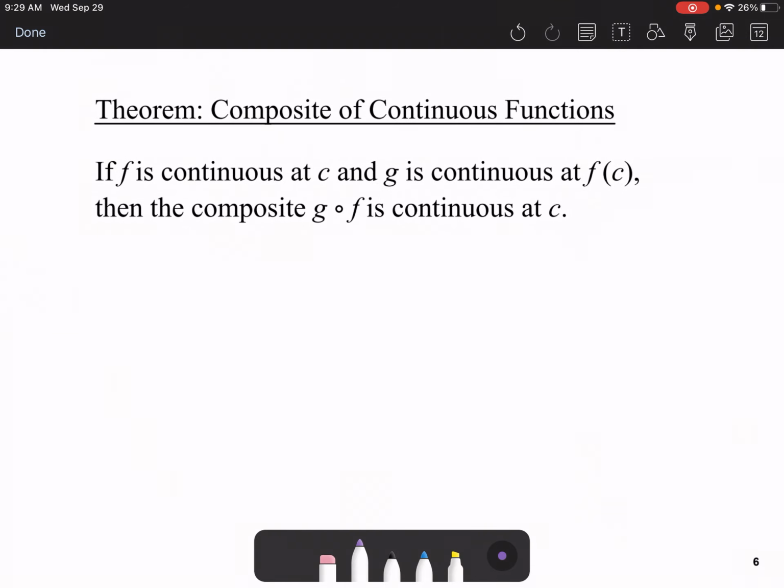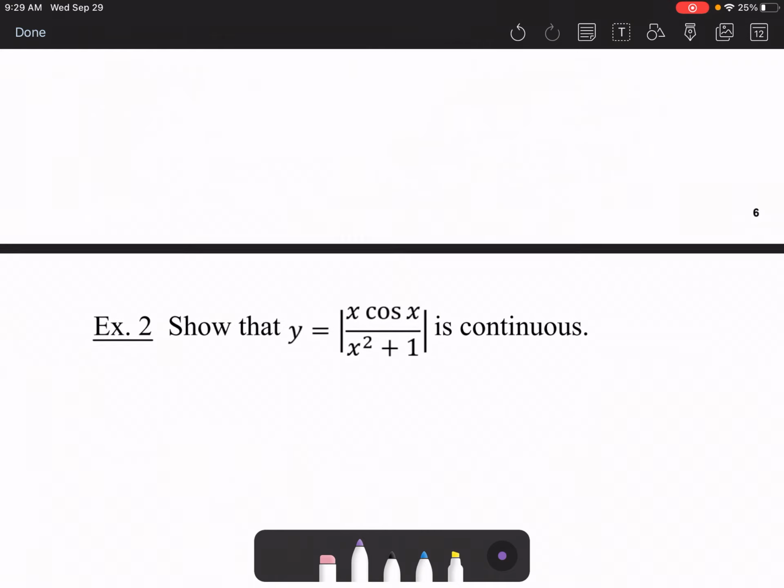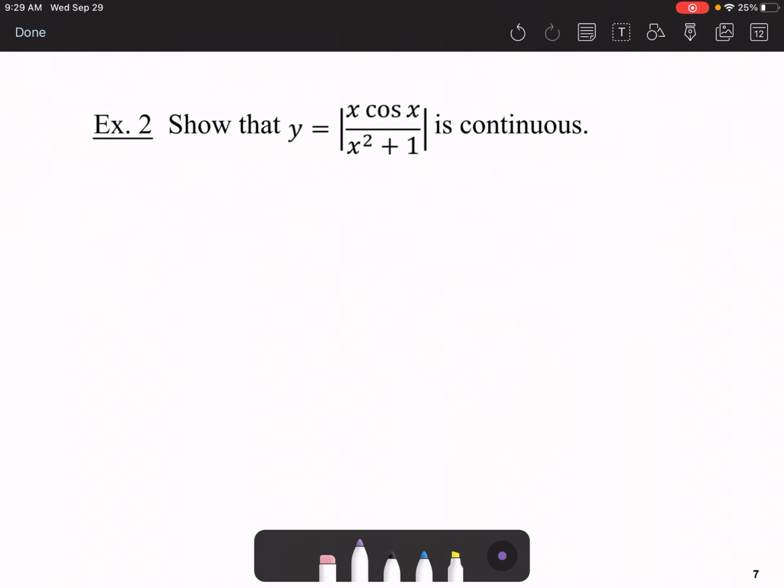Another theorem: if f is continuous at the value of c, and g is continuous at f at c, then the composite g of f is also continuous at c. So let's see how that works out. What we're going to do is show that this function is continuous.